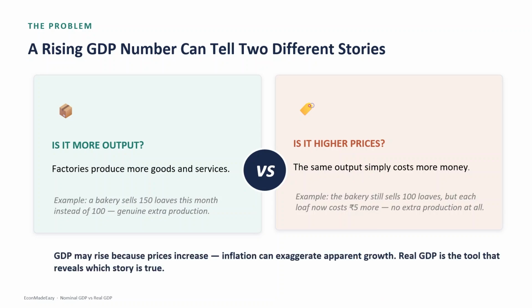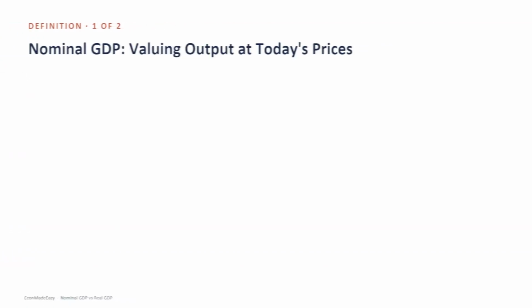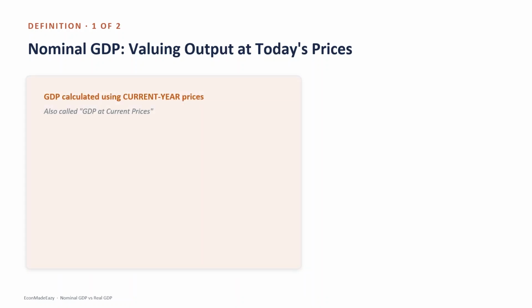So, an increase in GDP does not always mean an increase in production. Real GDP helps us identify whether the rise is genuine economic growth or simply the result of inflation. Now, let us understand the difference between nominal GDP and real GDP. Nominal GDP measures the value of current production using current year prices.